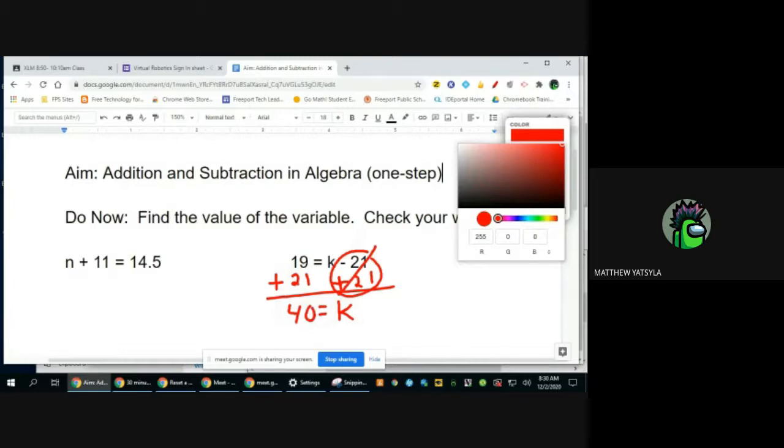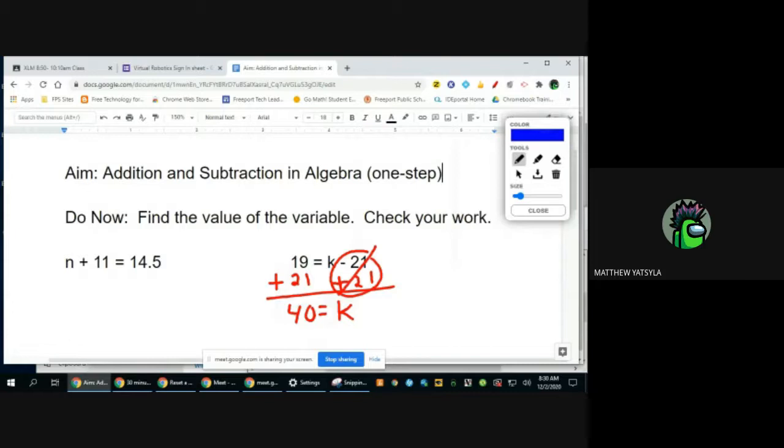Now again, we're not finished yet. We still have to do our check. So, check. K equals 21. This way we also see your answer again in two places. Not only do we see your answer, sorry, k equals 40, not 21. I apologize for that. K equals 40. So we see your answer here, and we see your answer in the check.